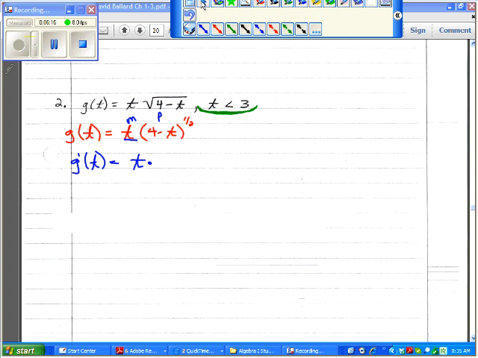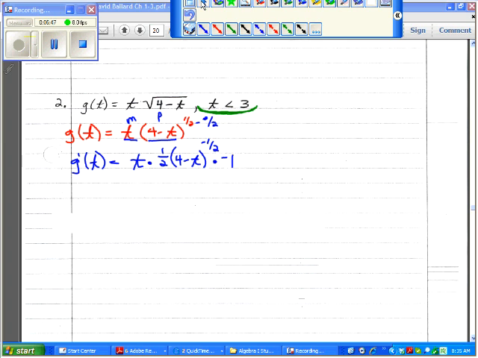And then the derivative of the second, you would have exponent times the guts, and then reduce the exponent by 1. So that would be to the negative 1/2. That's the derivative of the wrapper, right? And then we have to say times the derivative of the inside of that wrapper, the guts of the wrapper, which would be negative 1. Negative 1.